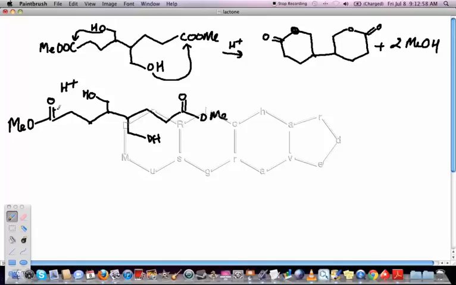In the first step, H plus gets added to one of the C double bond O's. It doesn't really matter which one we start with. And the H will go on the O and the plus will go on the C.